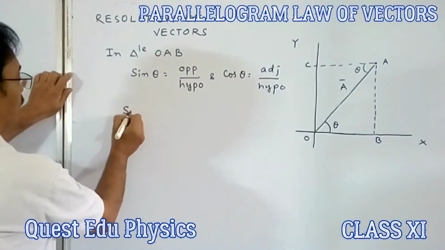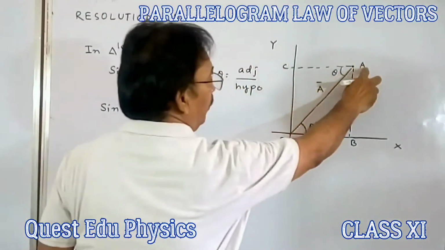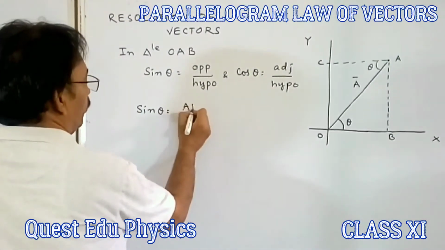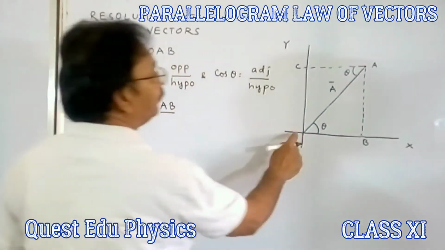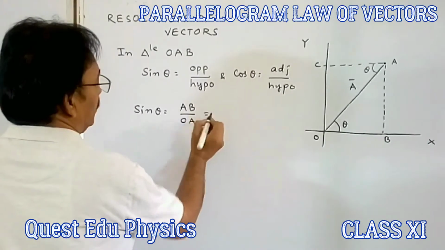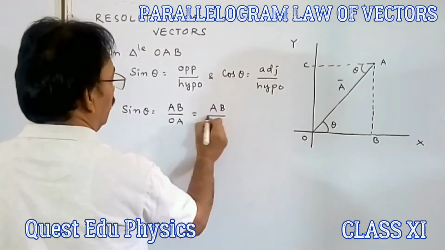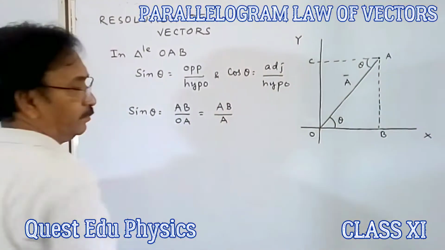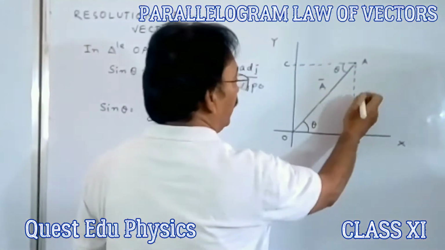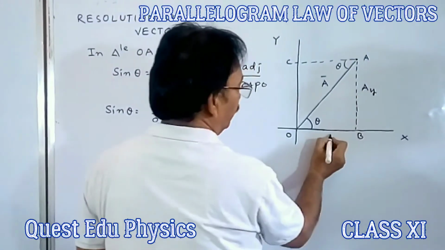Here we are writing the value of sine theta right now. Sine theta can also be written as AB upon OA. It can also be written as AB by vector A. I am writing its component along the y-axis as AY.